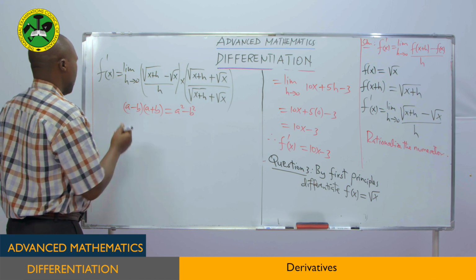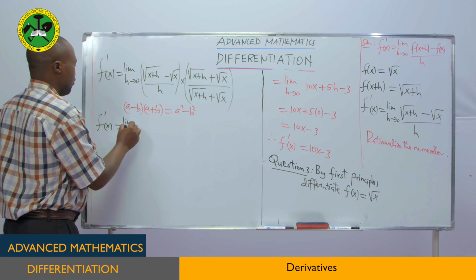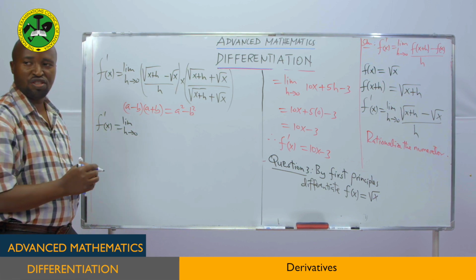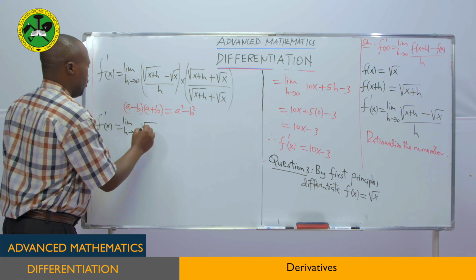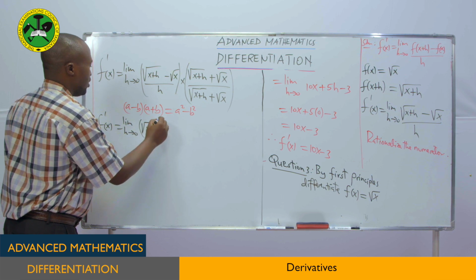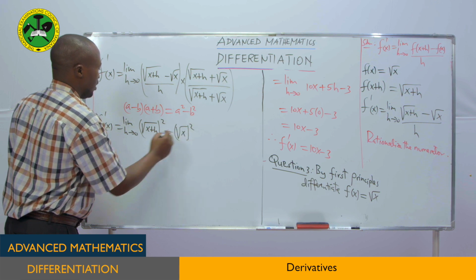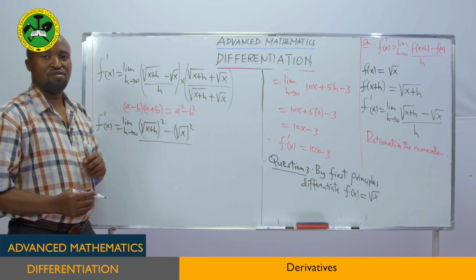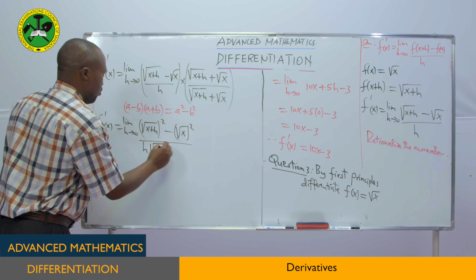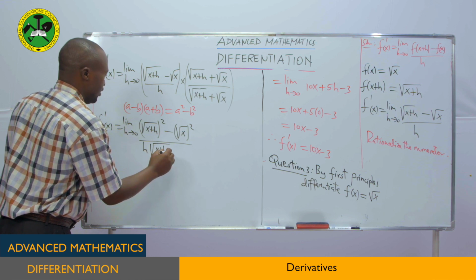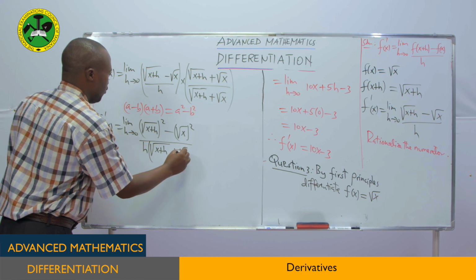So here we have f of x dash is equal to the limit of, as h approaches 0, the square root of x plus h squared minus the square root of x squared over. So for the case of the denominator, we have h times the square root of x plus h, then plus the square root of x.